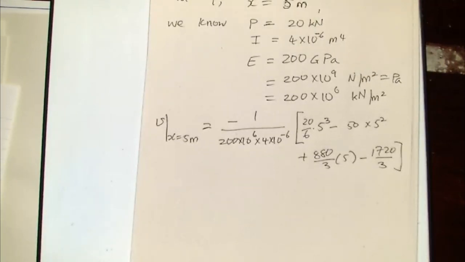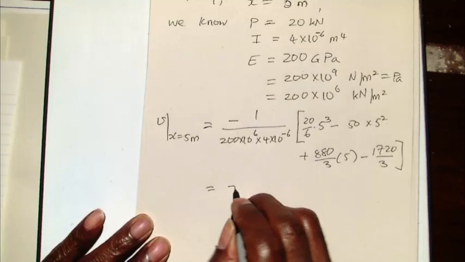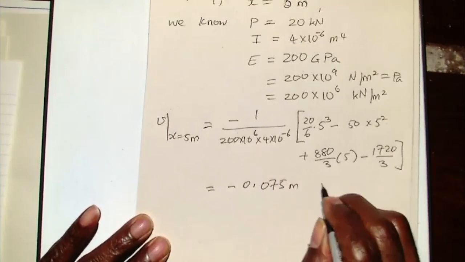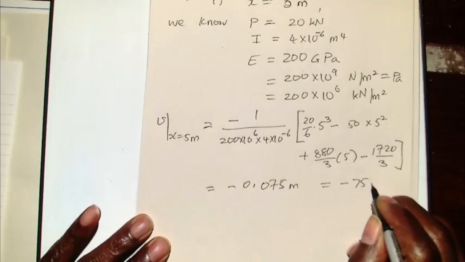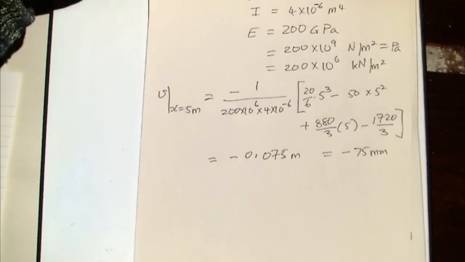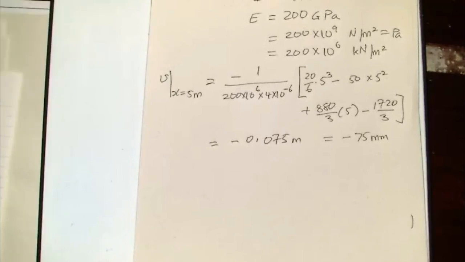So if we do that, we're going to end up with something like minus 0.075 meters, which is minus 75 millimeters. So that point C will move up by that much. And I will make a sketch later on to show why that's the case.